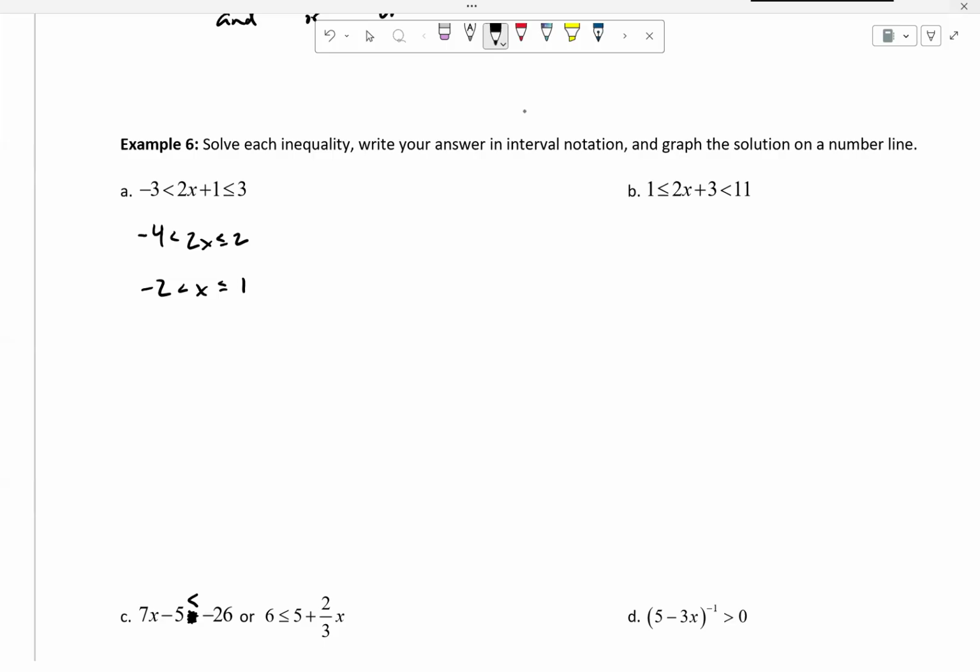Interval notation? Or do you want to graph it first? I feel like -2 and 1 would be important. Are we okay with that? Yeah, please respect the order of the number line.